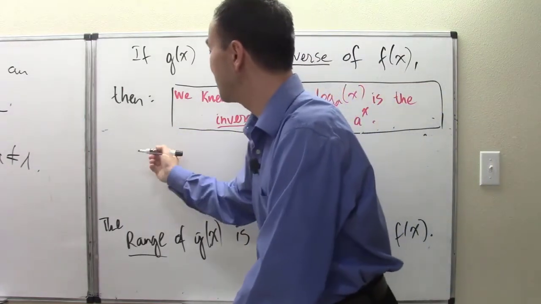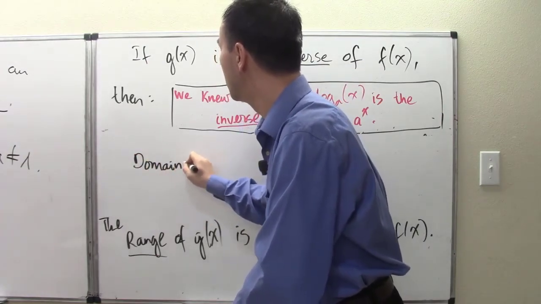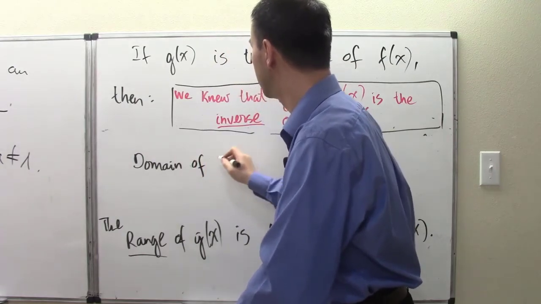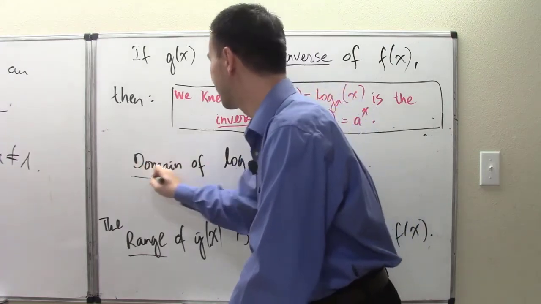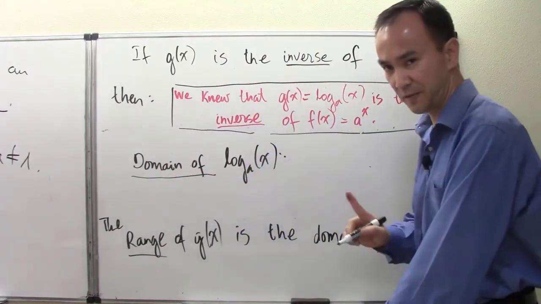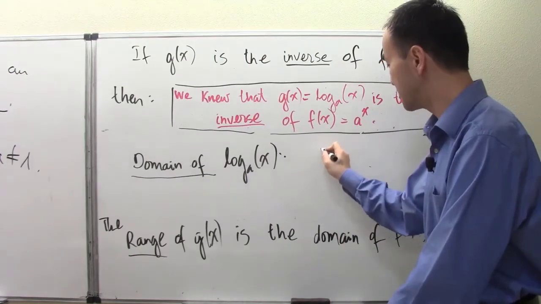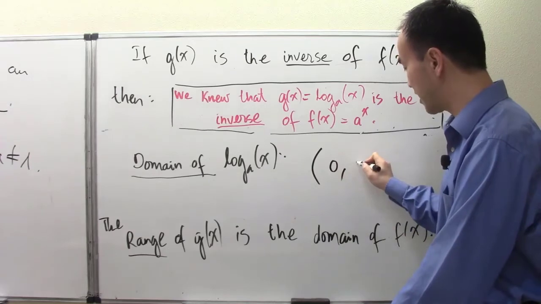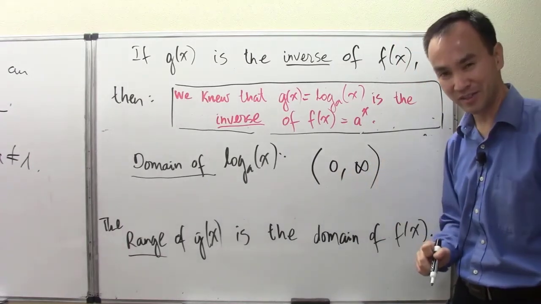So that means the domain of a log base a of x, of some function log base a of x, has to be, importantly, for inputs only between 0 and positive infinity.